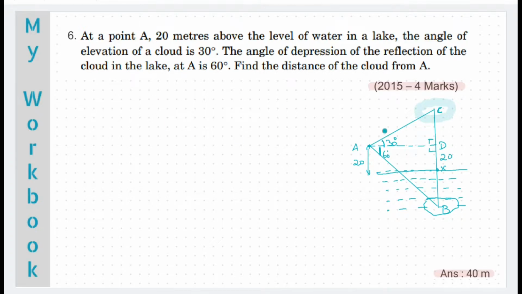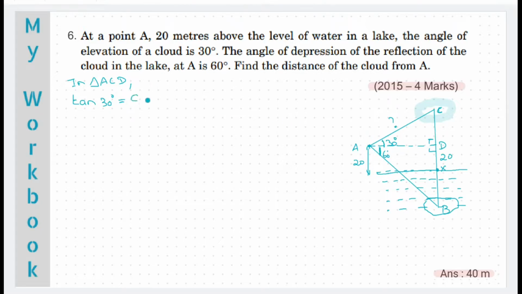So our aim is to find AC. Let's first consider triangle ACD, that is the topmost triangle ACD. Tan of 30 degrees, that is tan of this angle here, will be the opposite side CD divided by the adjacent side AD.